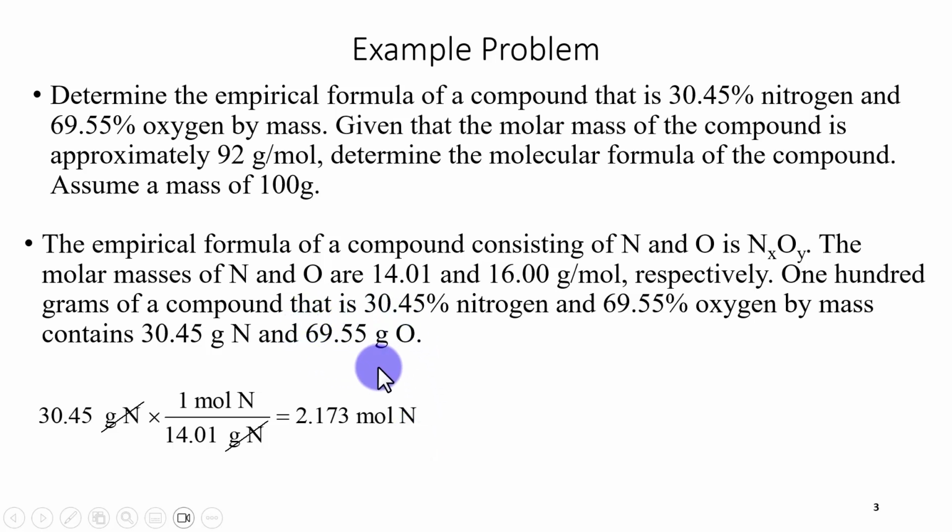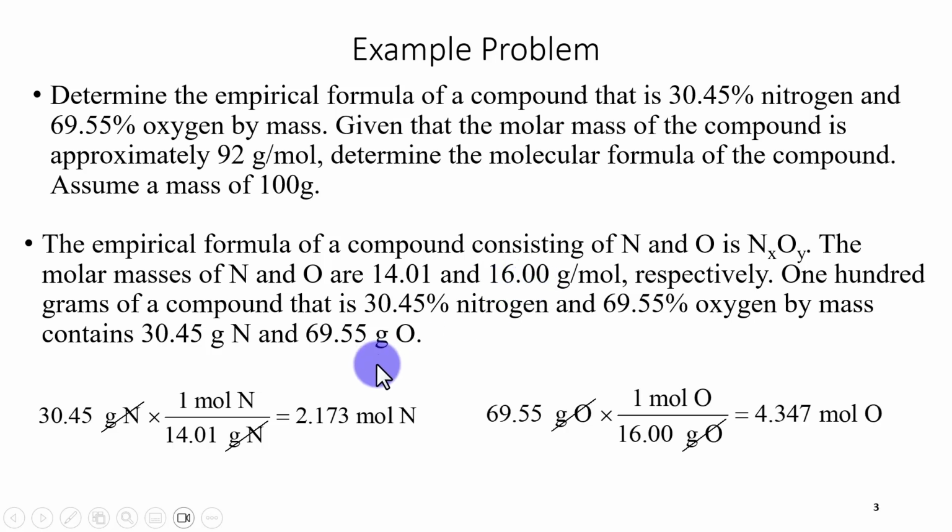I can do the same for oxygen, except I have to use the correct molar mass. So here it is. Start with the amount you're given, 69.55 grams of oxygen. I'm converting into moles of oxygen, so I multiply that by my conversion factor, which has moles at the top and grams at the bottom.